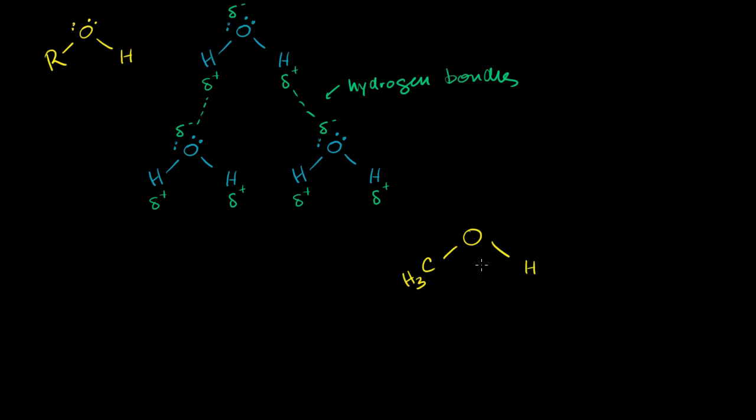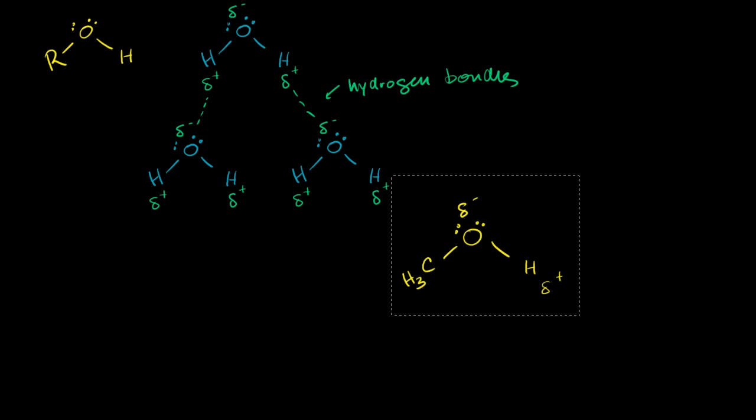It has a hydrogen right over here. Oxygen is much more electronegative than the hydrogen, so you have a partial negative charge there, and a partial positive charge there. So it too, because of these hydrogen bonds, will have a reasonable boiling point. It won't just turn immediately into the gaseous state. It would actually try to bond to each other.